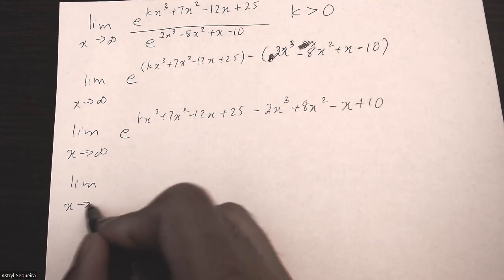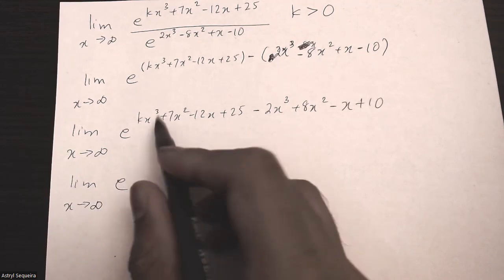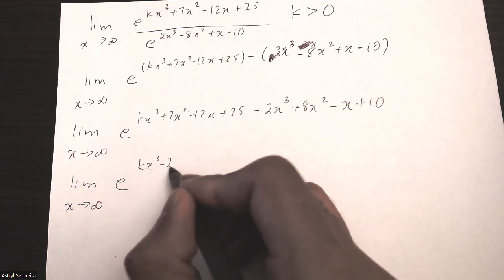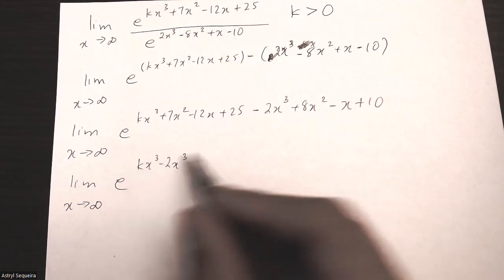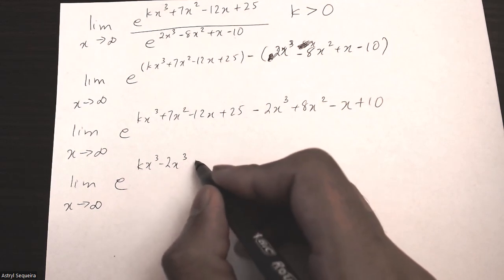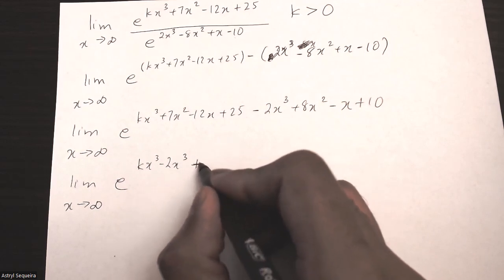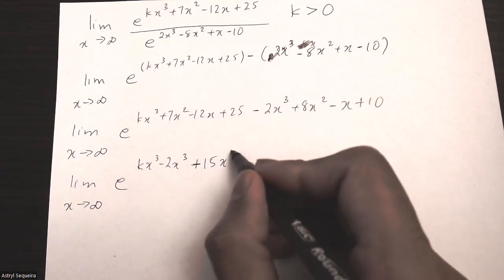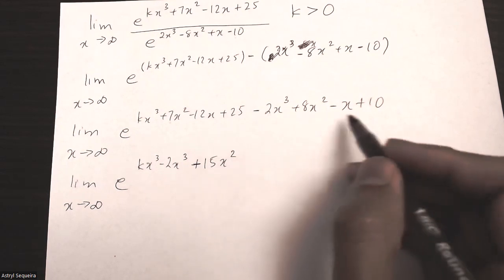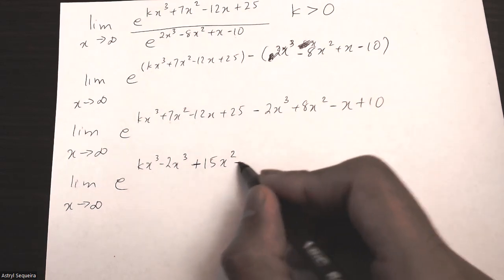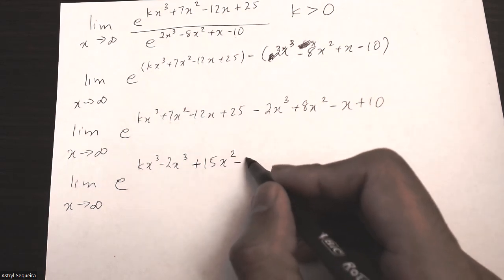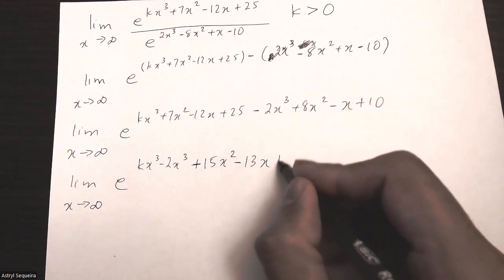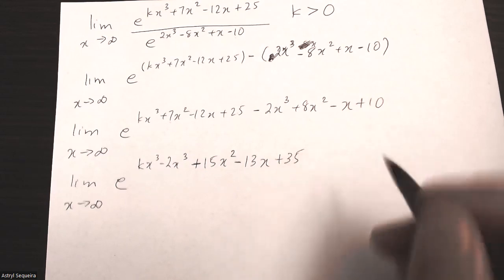So the limit as x approaches infinity, my first terms are just kx cubed minus 2x cubed. You can combine them as well if you factor out the x cubed, but I'm just going to leave it like this. Plus 7x squared plus 8x squared is 15x squared, minus 13x and then plus 35.